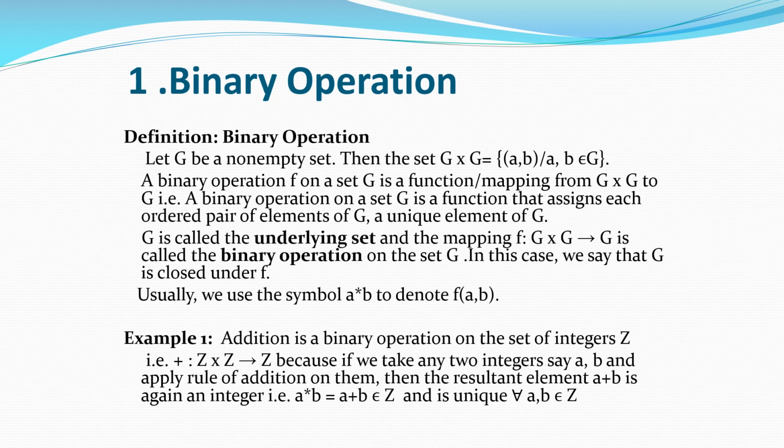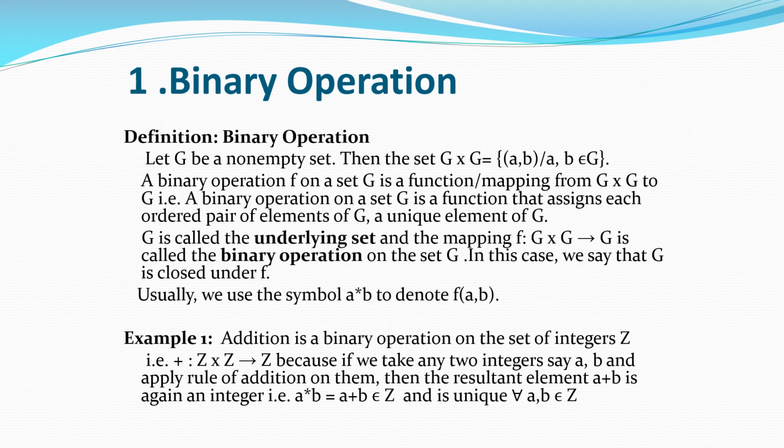So it contains all the pairs (A, B), where A and B both are members of G. Now, if we define some function f from G cross G to G itself, it means we apply that function f on every element (A, B) belonging to G cross G. Then whatever element f gives when applied on that (A, B) is a unique element of G. Then we say that f is a binary operation on that set G.